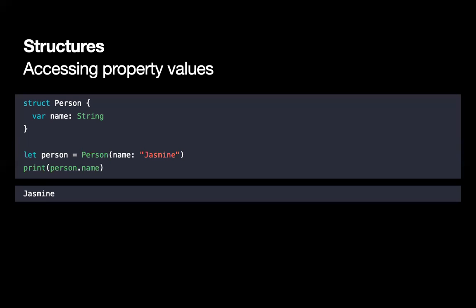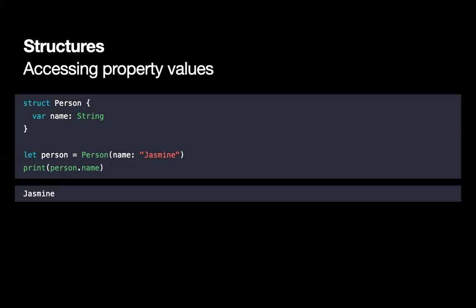Then how to assign the property values to the person. Here we have assigned one property called name to the struct Person, having the data type as a String. But when we want to use this structure, you have to create an instance of that structure. So here we have created a tangible instance of the Person structure.